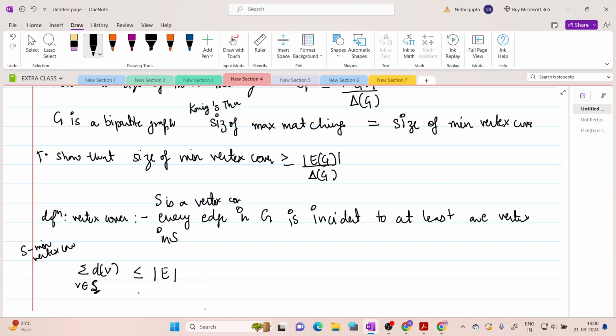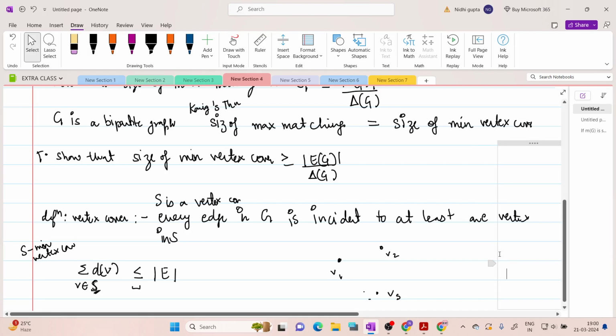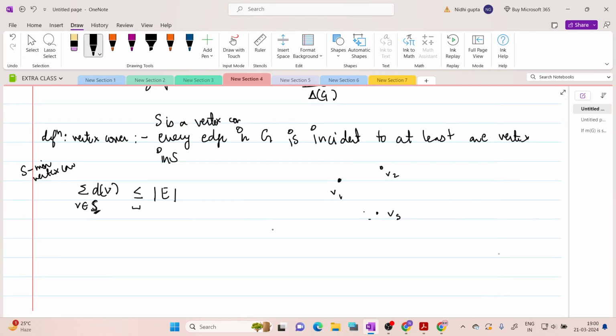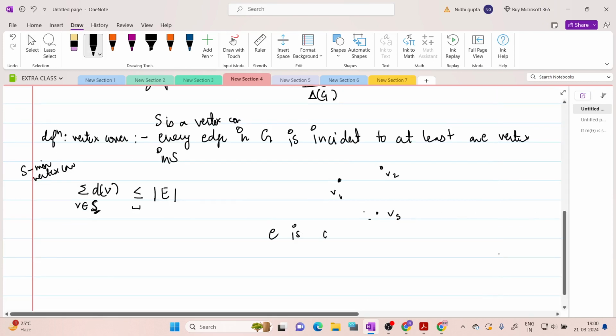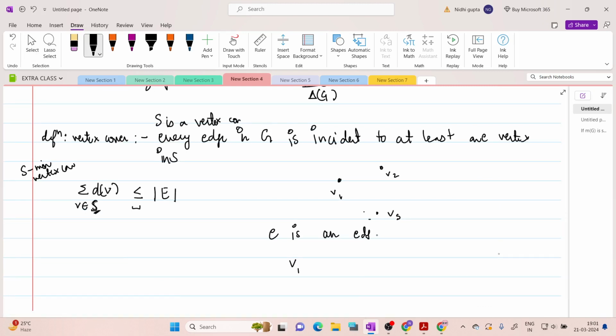So does everyone agree with this? Think about it again. What is the vertex cover? Suppose V1, V2, ..., Vs is the vertex cover. Now suppose e is an edge in G, say with endpoints V1, V2.